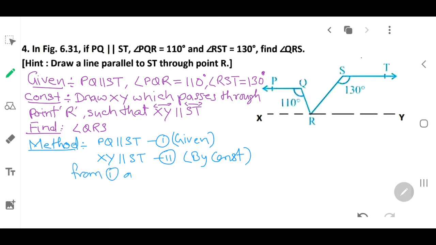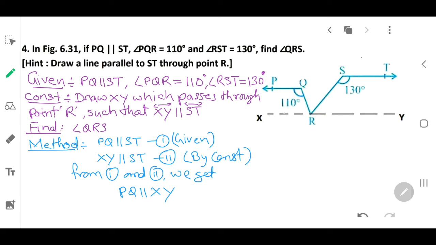So from 1 and 2 we get, ST cancel, PQ is parallel to XY. Correct?